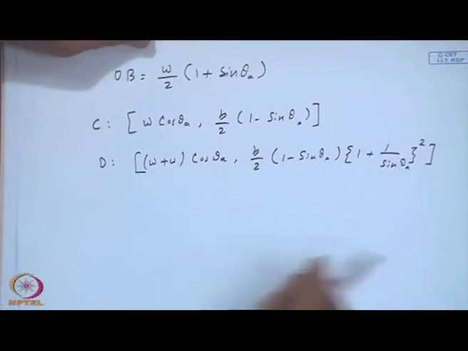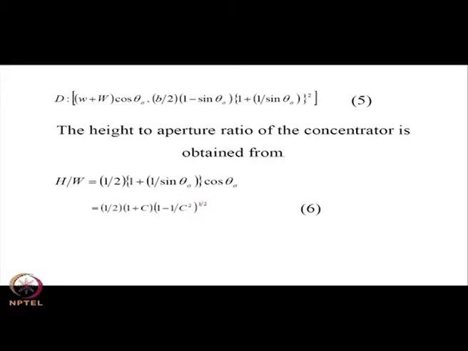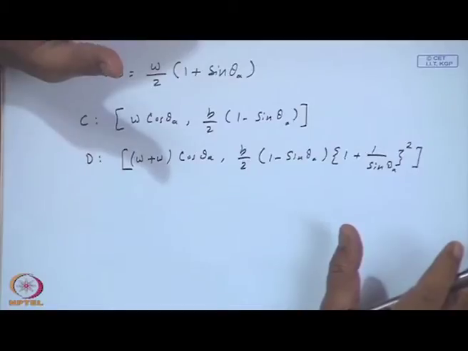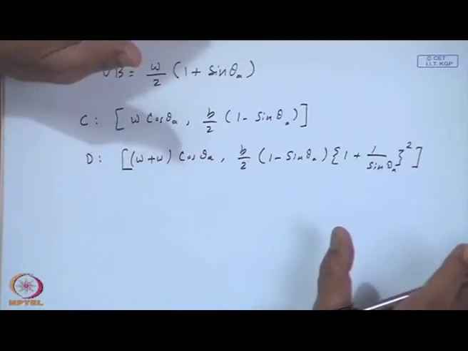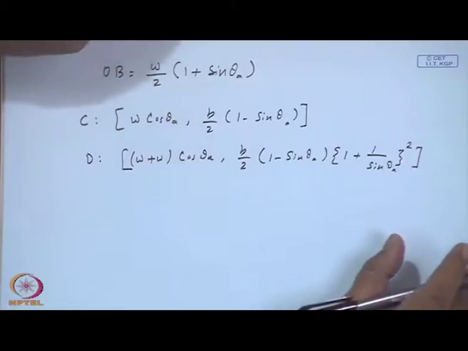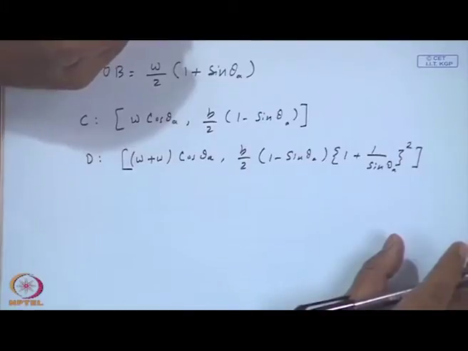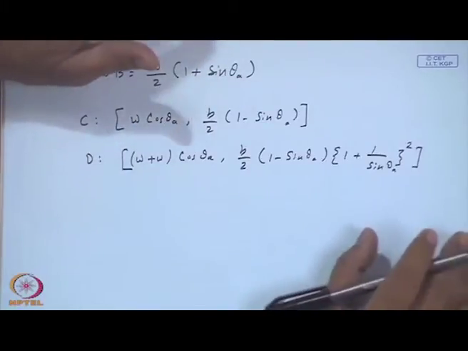So, you know the coordinates of the points C and D. Basically, for the purpose of design, you have two parabolas identical in shape, part of parabola 1 and part of parabola 2, placed in such a manner that the focal point of parabola 1 will be the base of parabola 2 and vice versa.